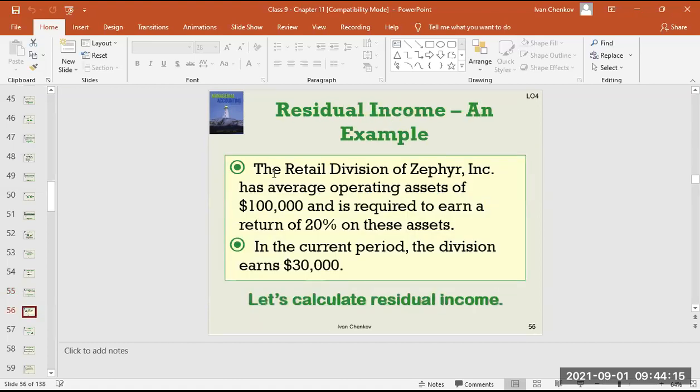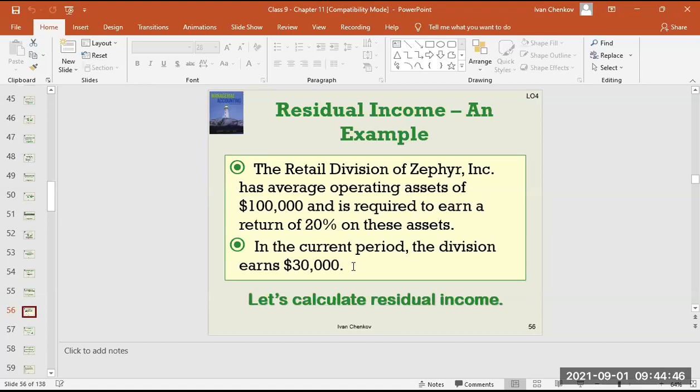So in this case, this company has average operating assets of $100,000, and they require a return of 20%. So how much do they want? If they require 20% return, how much do they want in dollar amount? 20,000. In the current period, the division earned 30,000.